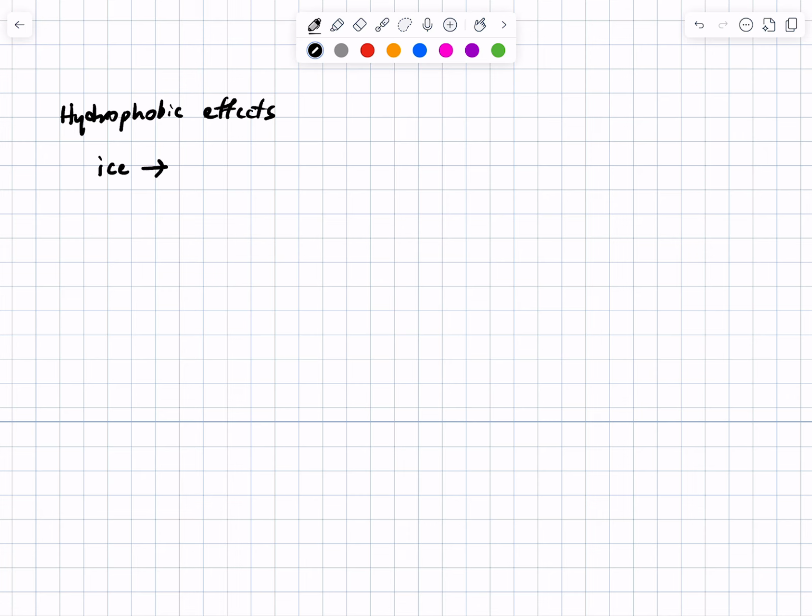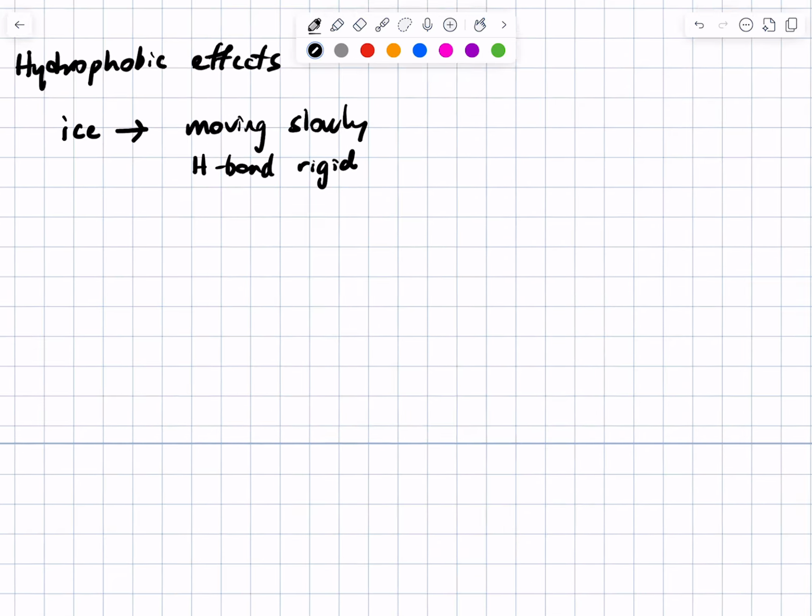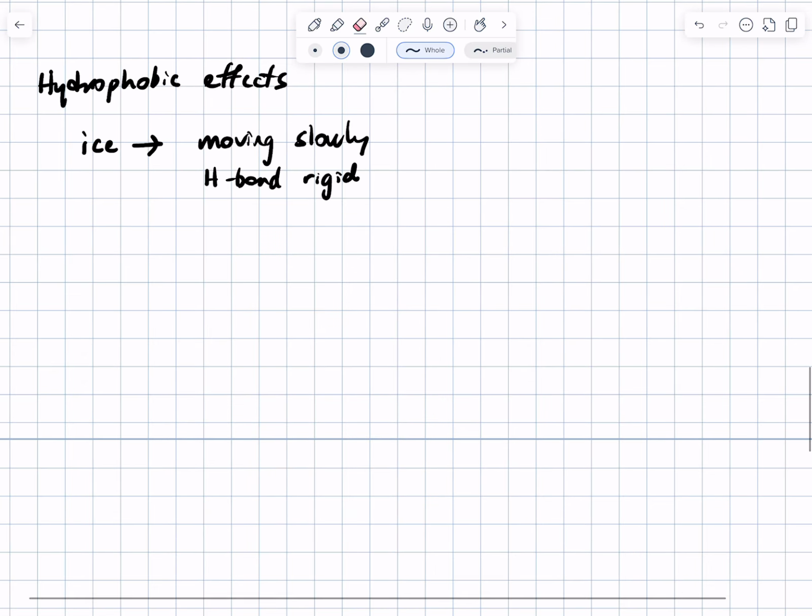Do you remember that in ice, the water molecules are moving slowly relative to each other, that the hydrogen bonds between molecules in ice are relatively rigid, and that each oxygen is hydrogen bound to as many hydrogens as possible?